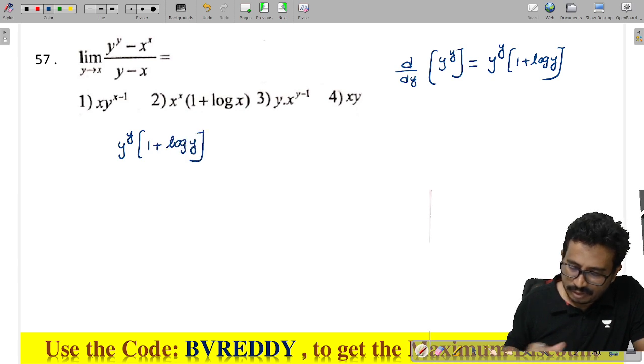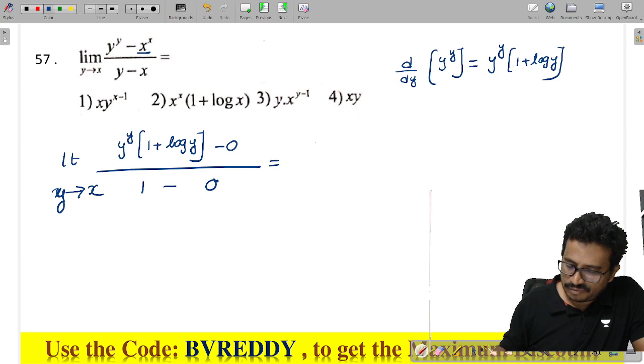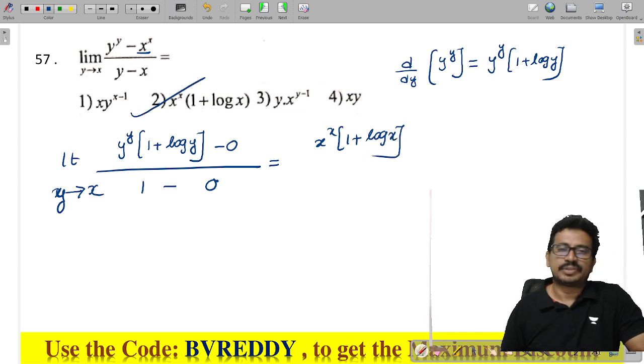Then this term is a constant, so by 1 minus 0. Now substitute the limit, y tends to x, which is given as x power x into 1 plus log x. Like this.